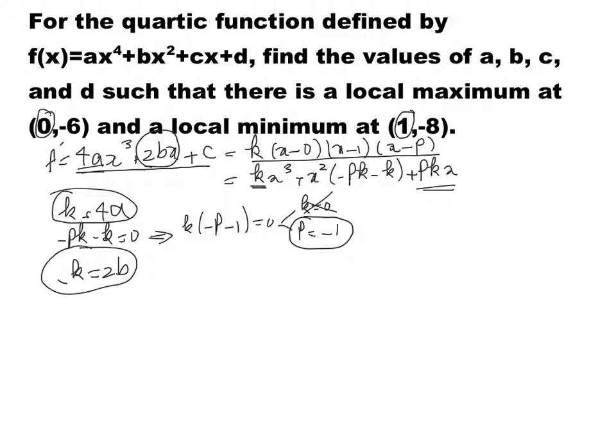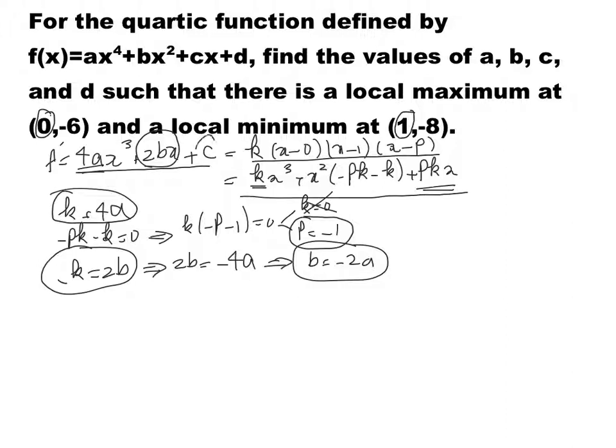So I can put it back here, so I get 2b is negative 4a, or b is negative 2a. Also, you can see on the right this expression, there is no constant. So this means c has to be equal to 0. So right now, I know that a and b are related to each other. B is equal to negative 2a, and also c is equal to 0.